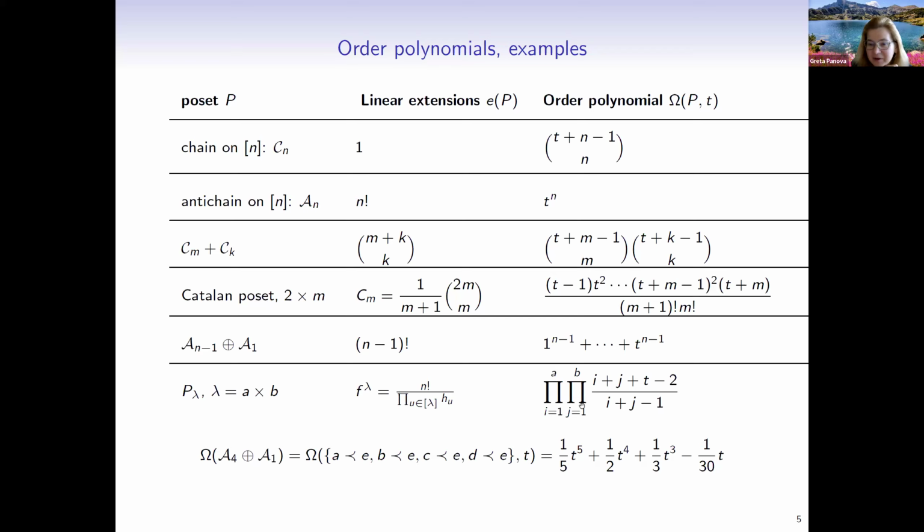And this is the Faulhaber function for n equals 5. You can check on Wikipedia that when you write it as a polynomial, it gives you this. I was confused about n versus t. Thanks. Yeah, n is the number of elements in the poset, so it stays fixed, and t is basically how large the elements in the linear extension can get. Okay.